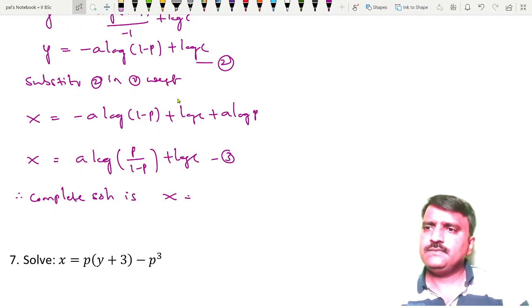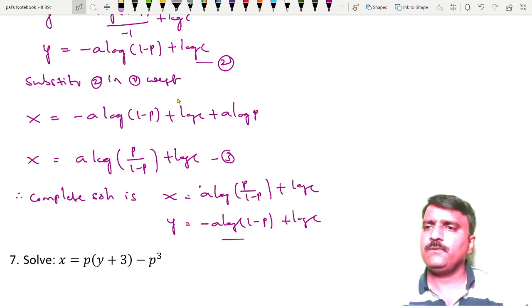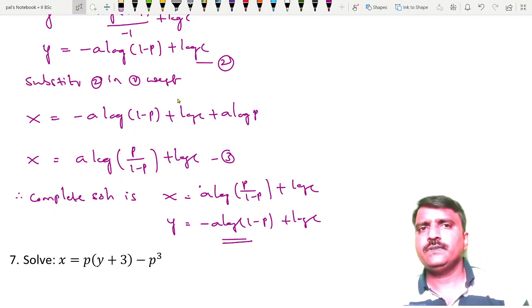x is equal to a log p by 1 minus p plus a constant, y is equal to minus a log 1 minus p plus constant. Okay, that's all.